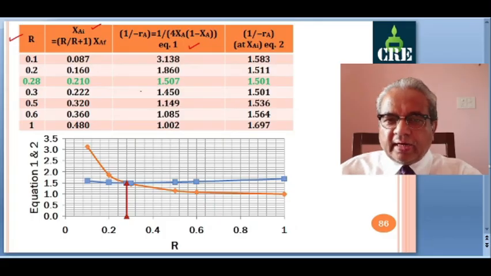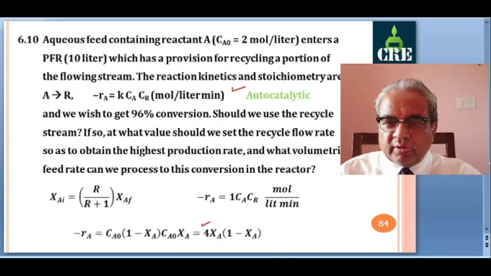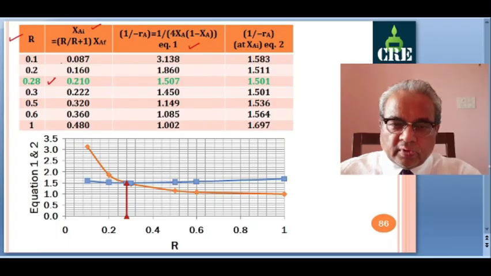You will find these are trial and error calculations. At a recycle ratio of 0.28, XAI comes out to be 0.21, and these two equations almost match, 1.507 and 1.501. So at XAI equal to 0.21 and the corresponding recycle ratio of 0.28, we get the optimum value for this autocatalytic reaction.